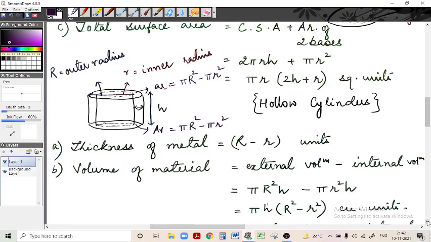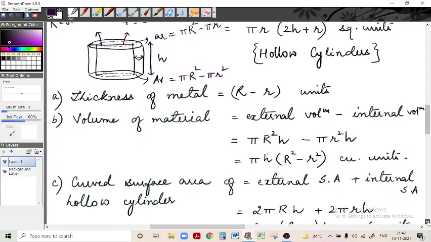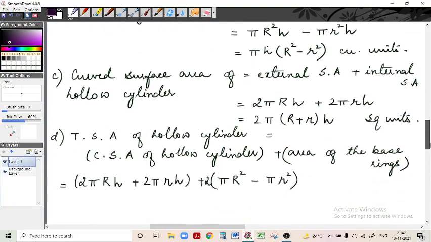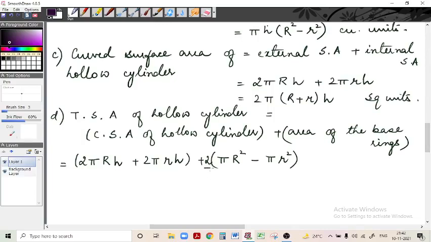So that is why I have written this 2 outside. Now this will become equal to 2 pi h (R plus r) plus 2 pi (R square minus r square).